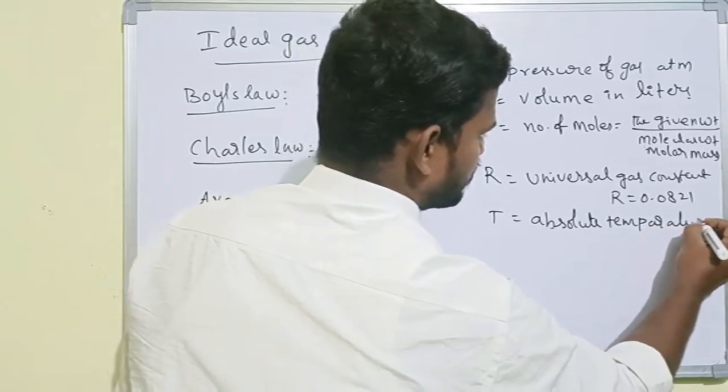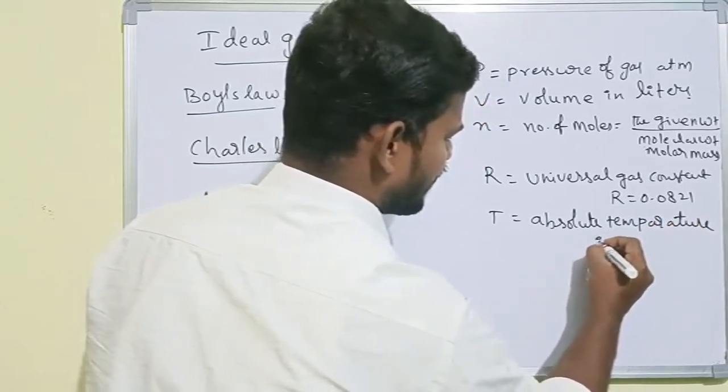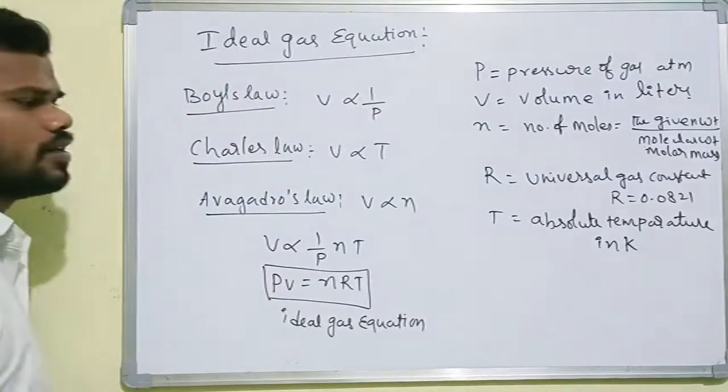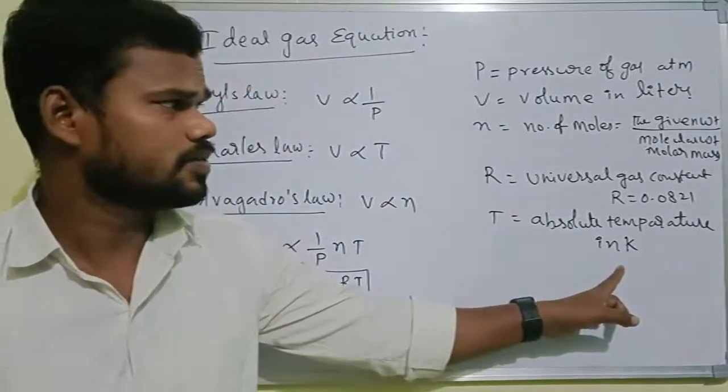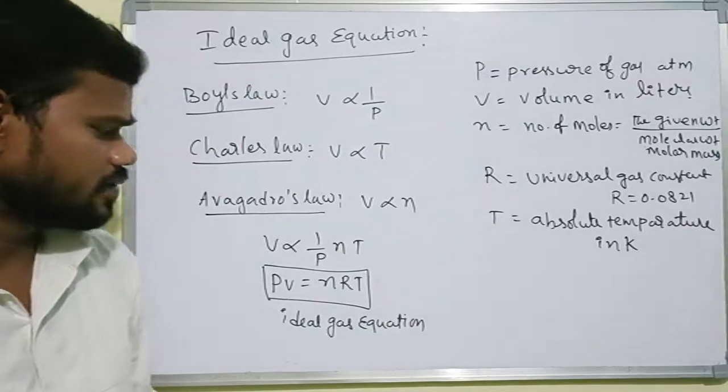T is the absolute temperature, and we always take temperature in kelvins only. Clear?